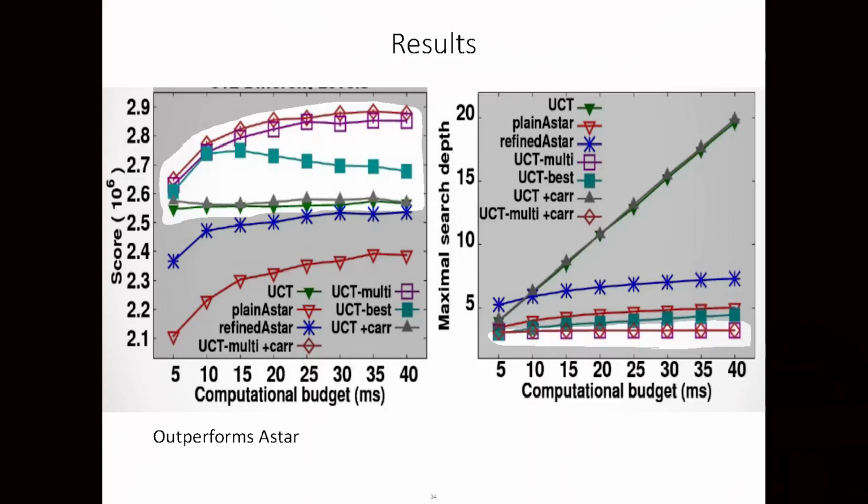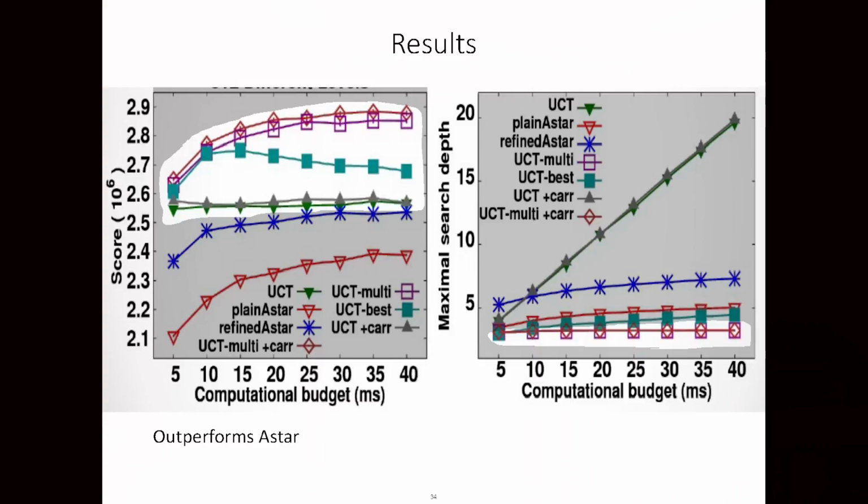That's essentially what's used in MCTS for guiding your tree search. So these are all the methods, but then UCT multi, which is this purple square, that's saying it's using MCTS, but it's doing the multiple simulations. And you can see this multi plus carry is also in the top. So both these use the multiple simulation technique, and then the plus carry is actually, they added an extra scoring mechanism for carries. I believe that's probably like carrying a shell, and that actually made it do better.